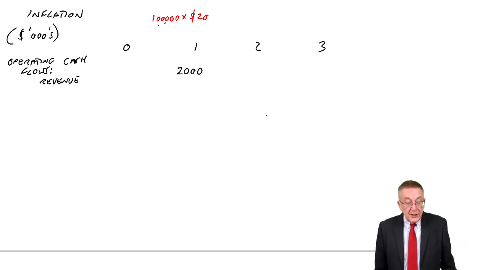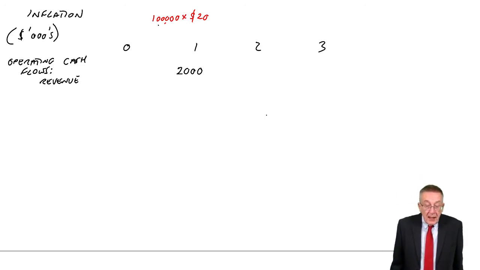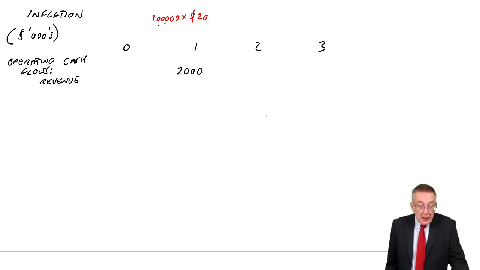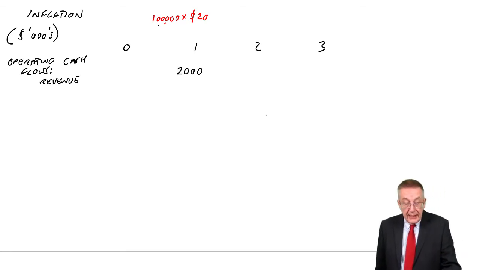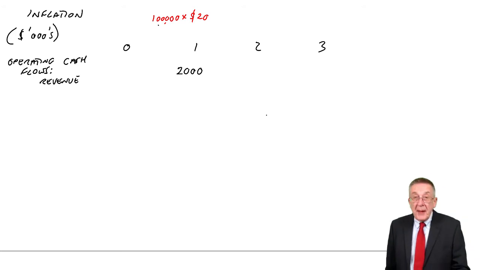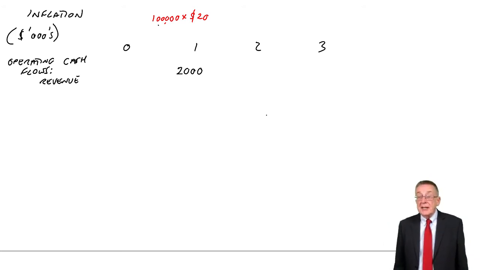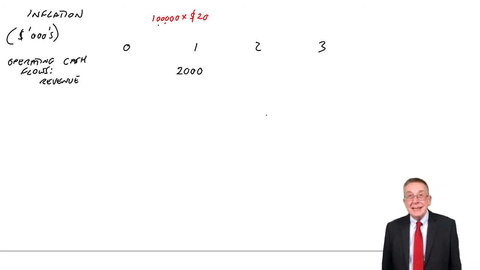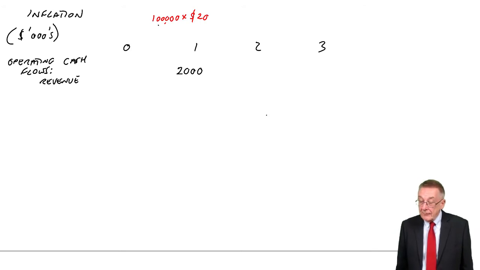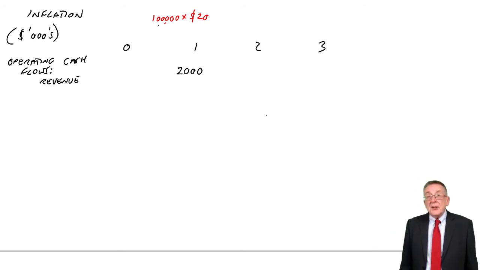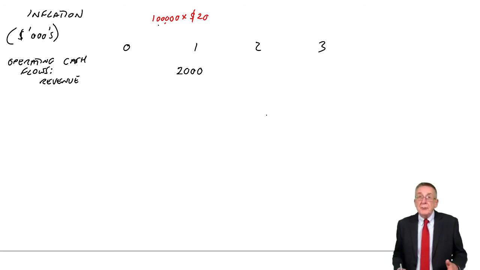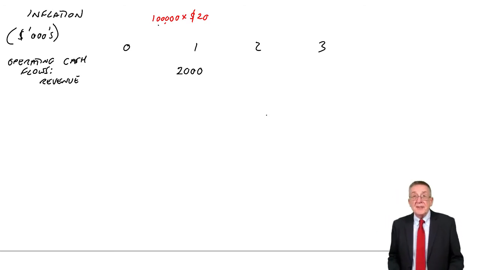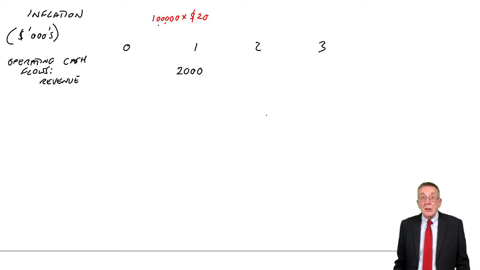What about the second year, though? Because it's still going to be 100,000 units, but it does say towards the end of the question that we expect to be able to increase the selling price by 7% a year. And so, we're still selling the same number of units, but surely if we put the price up by 7%, the revenue will go up by 7%.